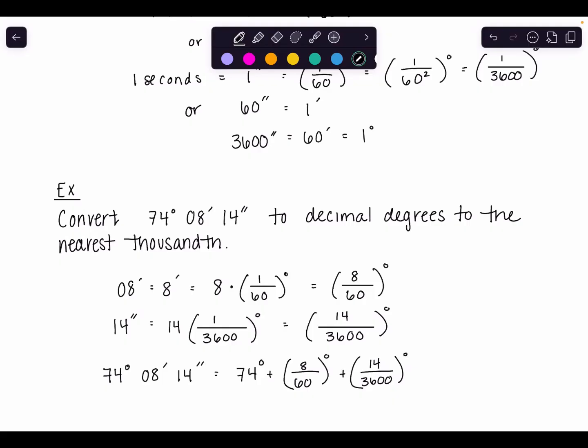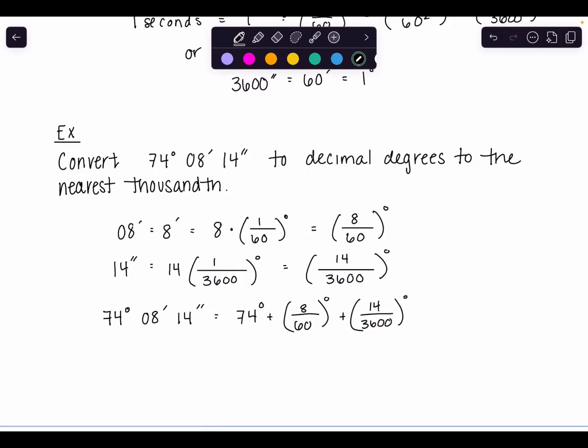Okay. If you have 74 followed by those minutes and seconds, it should not be more than 1. So I'm going to trust you'd be able to plug these fractions into your calculator. This should give you about 74.137 degrees. Okay.